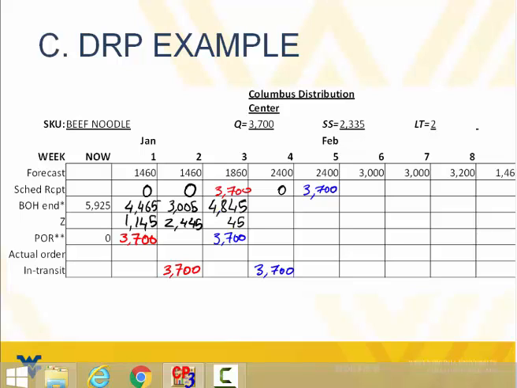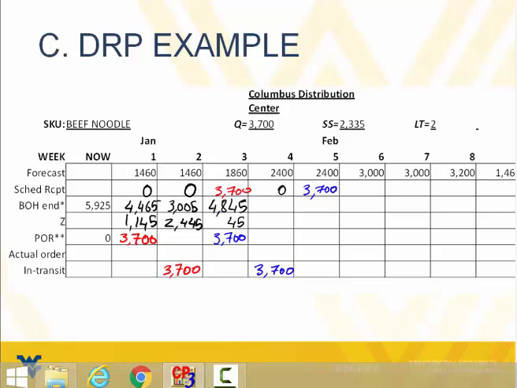How did you get that number again? How did I get 45? So I took 3,005 plus the scheduled receipts, 3,700. So my balance on hand, plus whatever I'm getting in receipts, minus my forecast demand will give me my balance on hand at the end of that period.